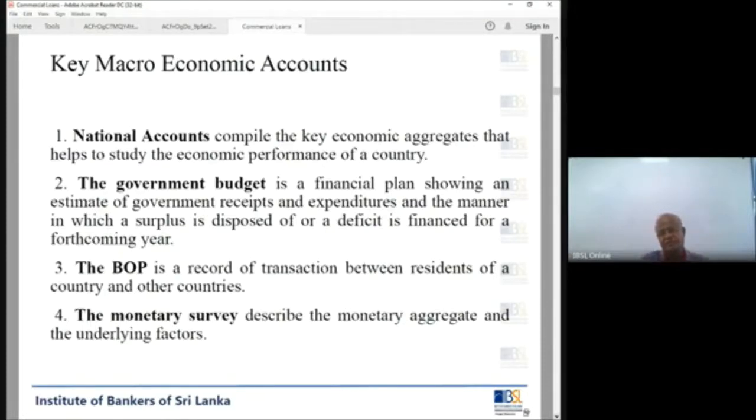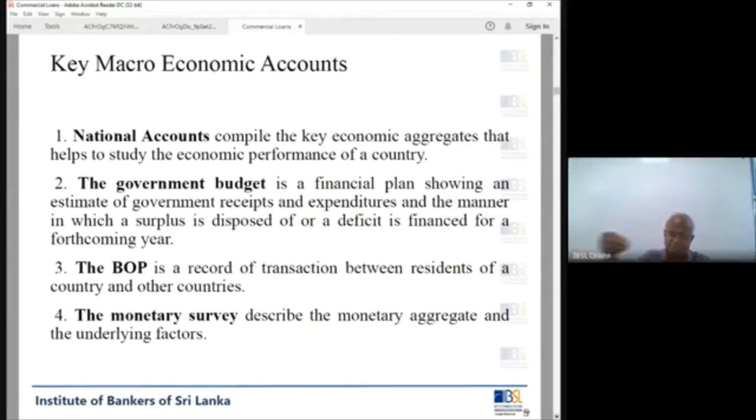When you say account, you have to credit, debit, inflow, outflow. All inflows into the country from the foreign sector are entered as credits. All outflows are debits. Now this account is for the whole economy, whole Sri Lanka versus the rest of the world, other countries. Exports of goods and services, imports of goods and services.